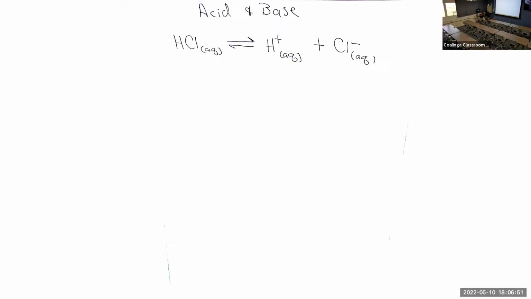This guy is just a proton, an H plus, which basically means all you're giving them is a proton. So that's often why we call it a proton donor. And a base is going to be a proton acceptor, because it wants to accept it, like water, right?